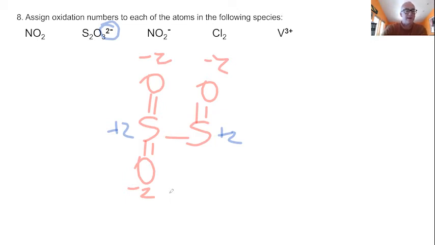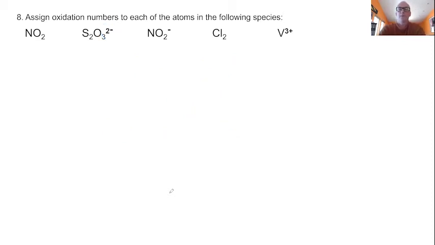What about chlorine? What's the oxidation number of chlorine? 0. 0, right? Because it's in its most stable form and it's only bound to itself. So basically, any element in its most stable form has an oxidation number of 0.